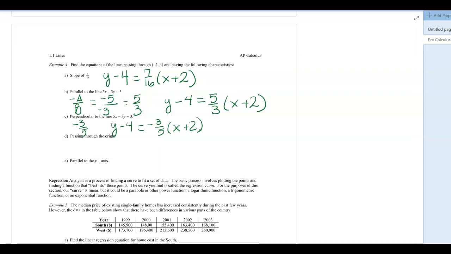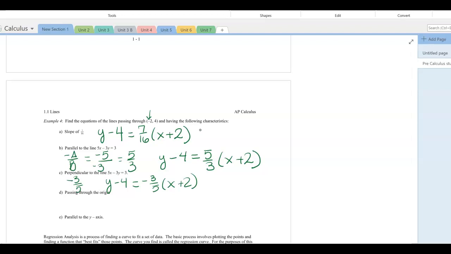Next bit, I'm passing through the origin. Passing through the origin just means, hey, I'm going through the point 0, 0. So going through the point 0, 0, I'm going to call this particular point up here x sub 1 and y sub 1. And then I'm going to call my 0, 0 x sub 2 and y sub 2.